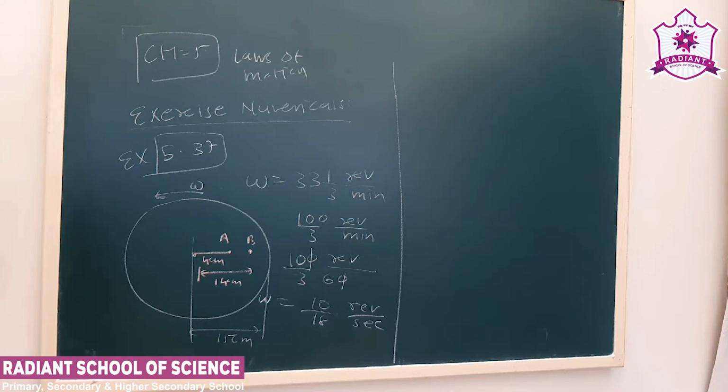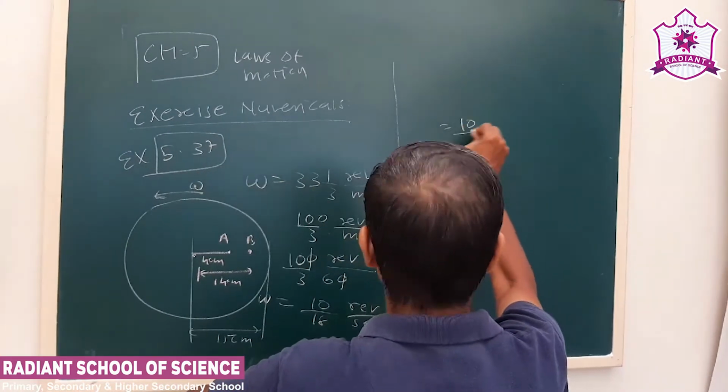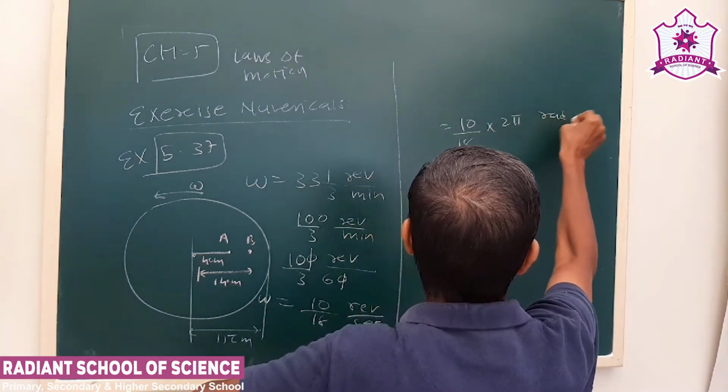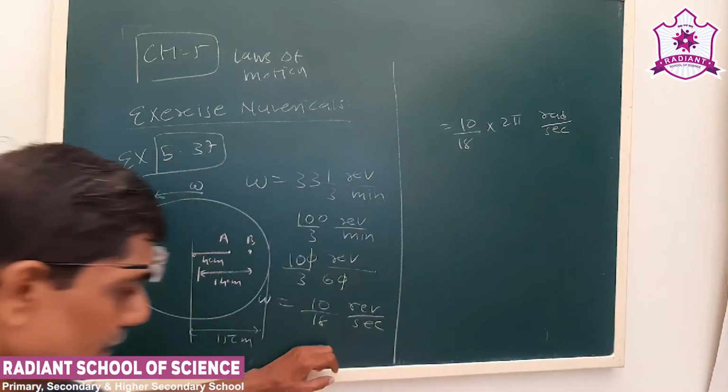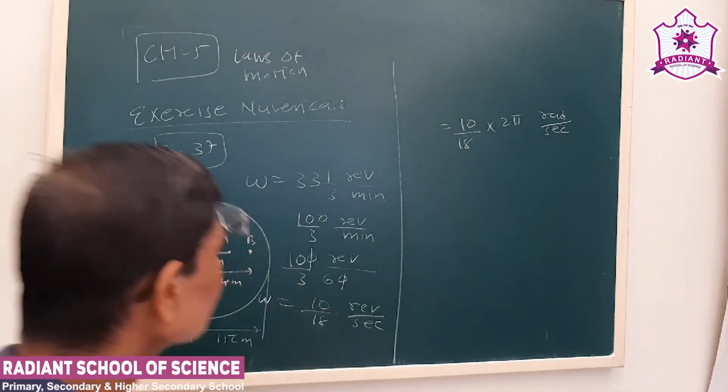Now this revolution per second we can convert into radian per second, that is the unit of angular speed.